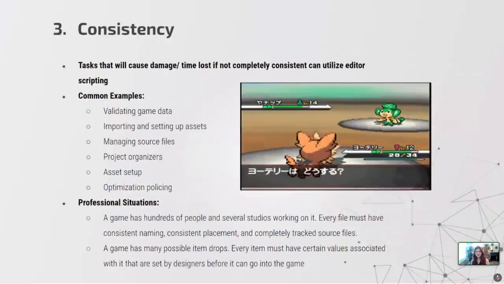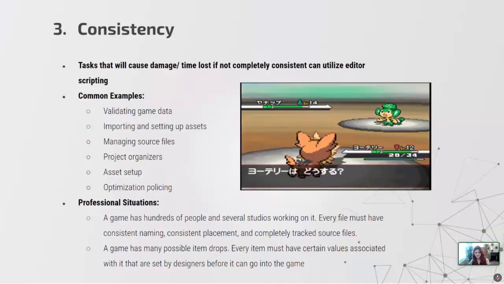And then, of course, consistency. These are tasks that will cause damage or time lost if they are done in an inconsistent manner. So this can be things like validating game data. Say, for example, we're building a Pokemon-like game. You don't want designers adding battles to the game, because Pokemon has a lot of battles in it, where they set the trainer and the path they walk and the Pokemon they have, but they forget to actually give the trainer any Pokemon.